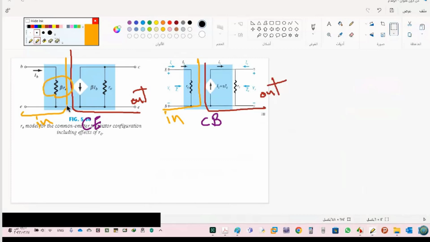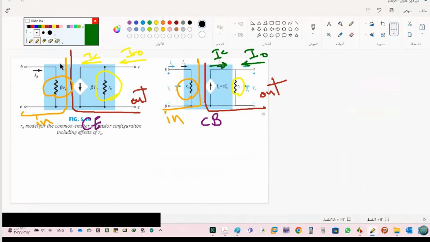Here we have beta re. Here we have just re. Second thing, see, IC like IO. Here IC out, IO in. Okay, good. Here we have ro. Here we have the same ro. No problem for this one.